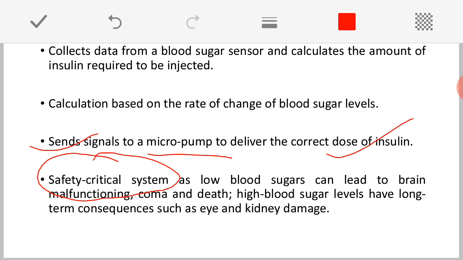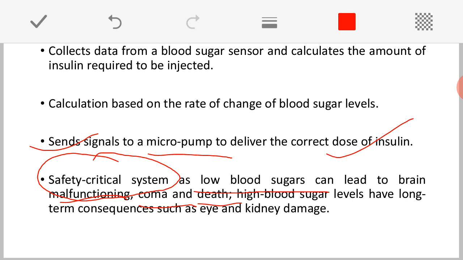Okay. And another important thing is, as you know, for diabetic patients the sugar problem is a very critical factor with respect to the health of the patient. We know that low blood sugar can lead to what? Brain malfunctioning, coma and death.